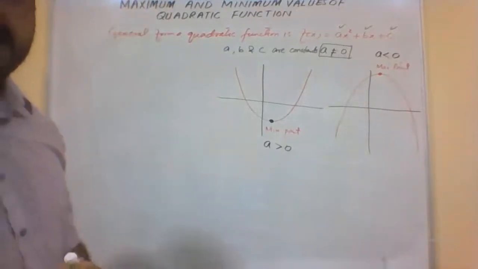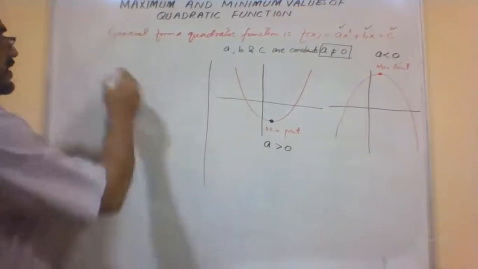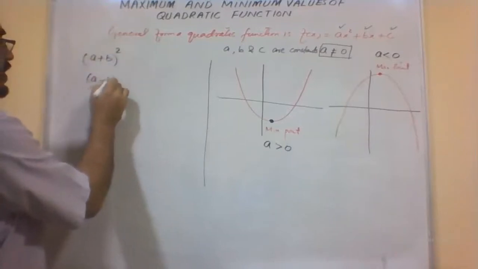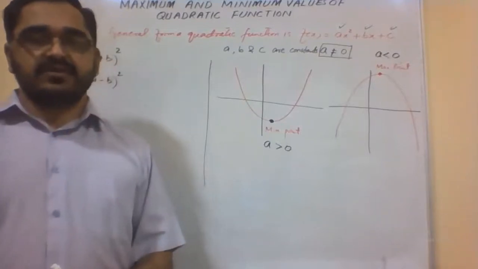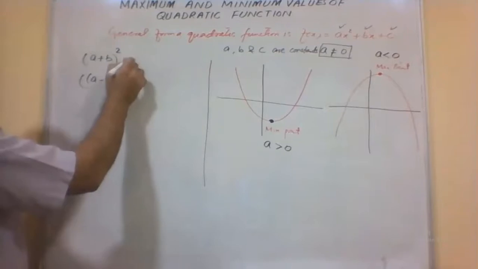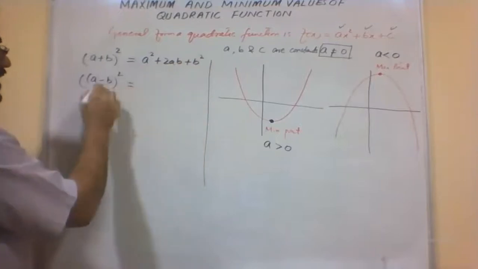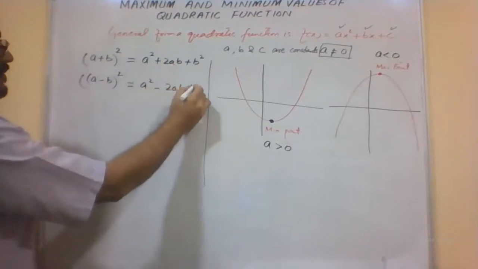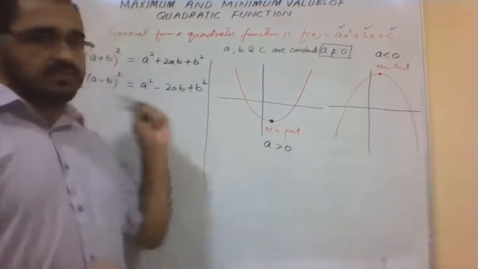You are already familiar with the algebraic identities, a plus b whole square and a minus b whole square. a plus b whole square is a square plus 2ab plus b square, and a minus b whole square is a square minus 2ab plus b square.